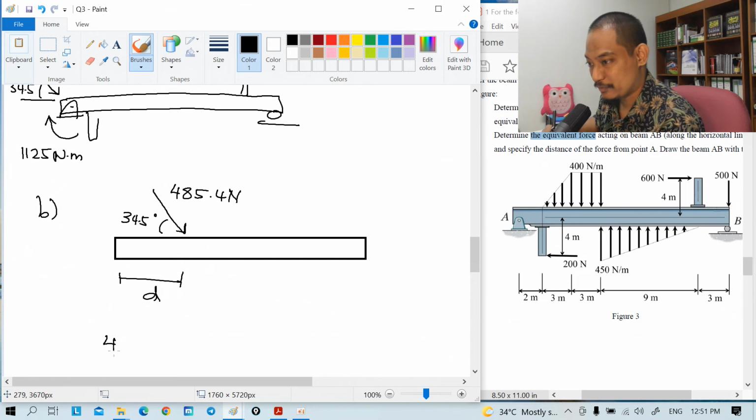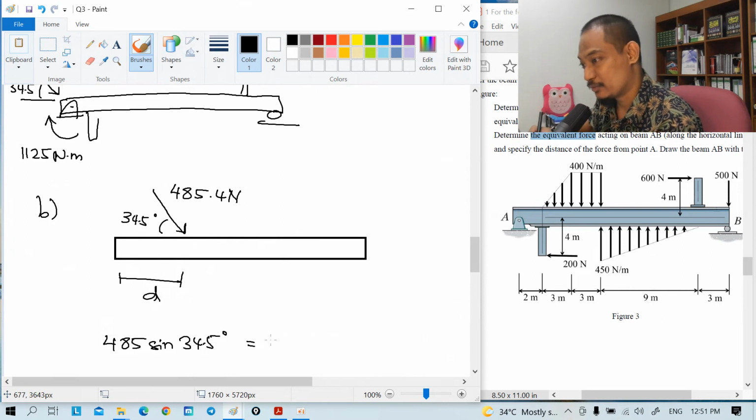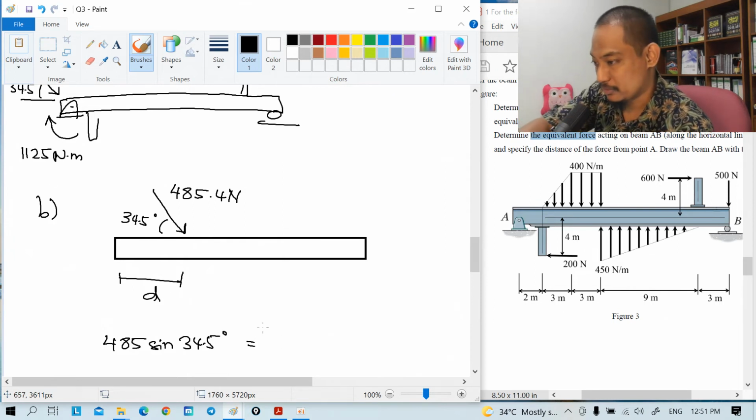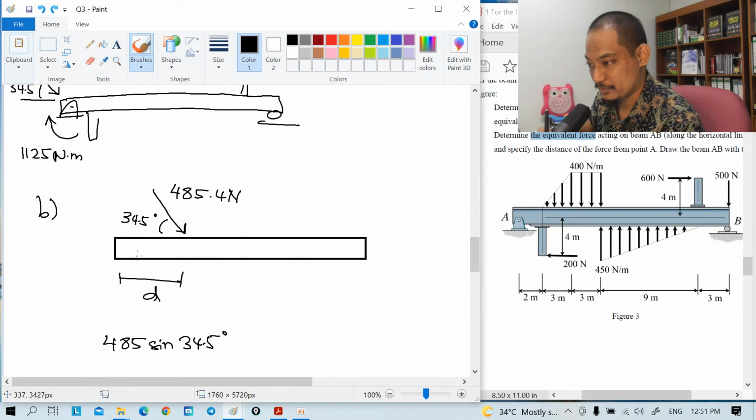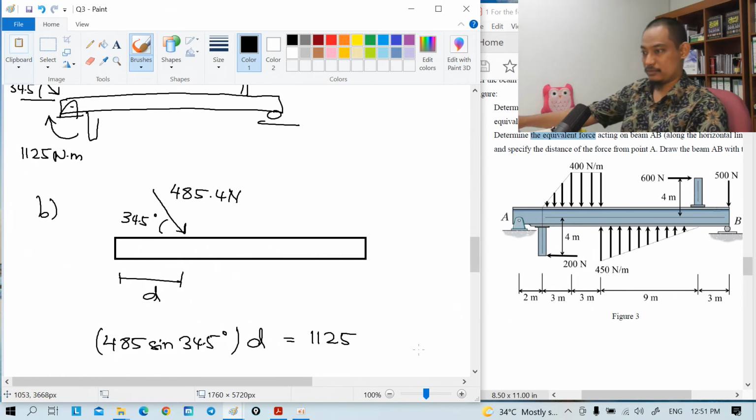So 485 sine 34.5 degrees equal to this is the force, the vertical force, times the distance should equal to 1125.